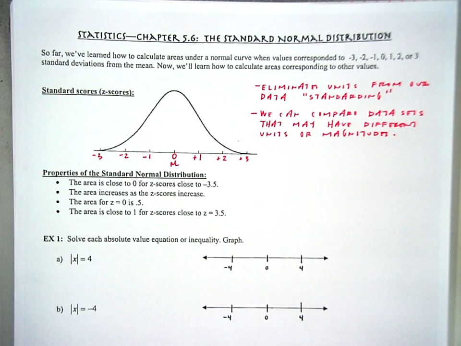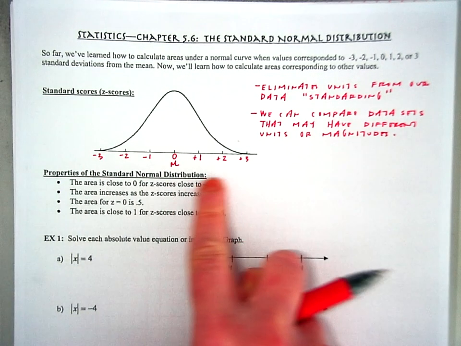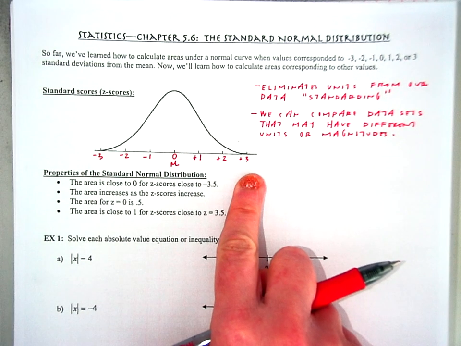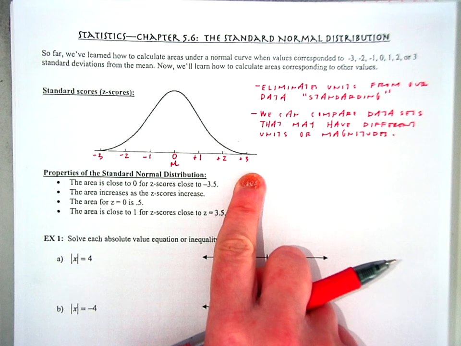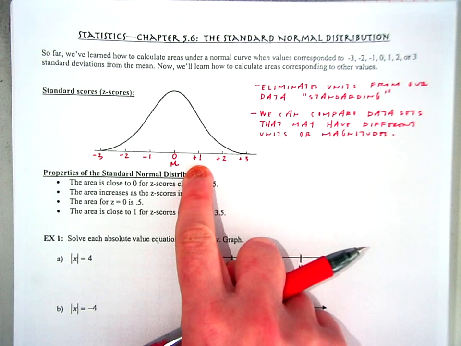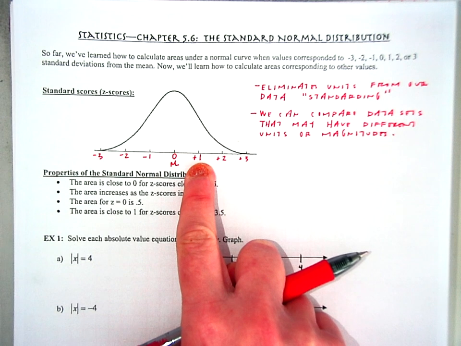Okay, and then each of these values, the actual z-score, it's really specifying for us how many standard deviations a piece of data falls from the mean. So right here, we would be 1 standard deviation above the mean because it's positive.